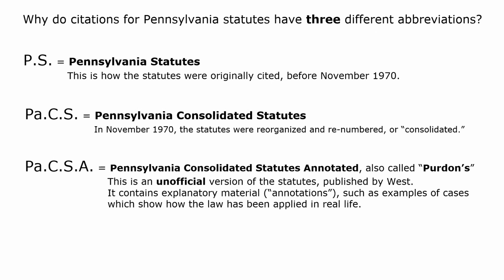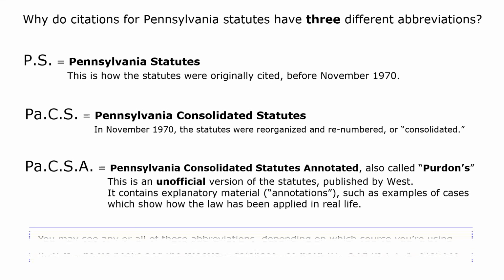It's unofficial because it is not published directly by the state government. But it's useful to us because it contains explanatory material. That's why they call it annotations, because it's extra stuff that they add for you, such as examples of cases which show how the law has been applied in real life. It's to help you understand it better.